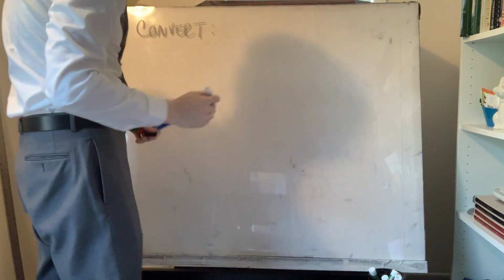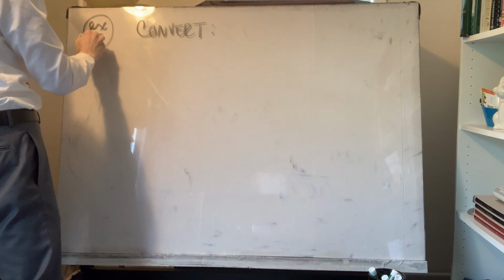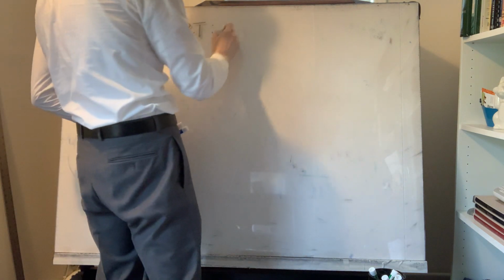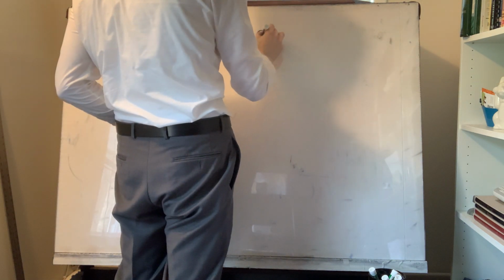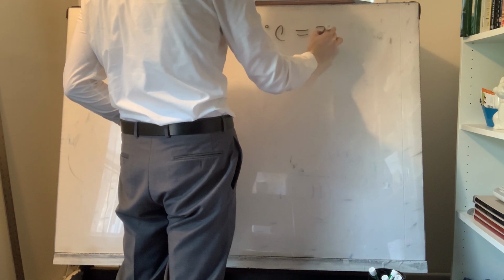Let's say you were going to convert, this will be example 5, 60 degrees Celsius is equal to so many degrees Fahrenheit.